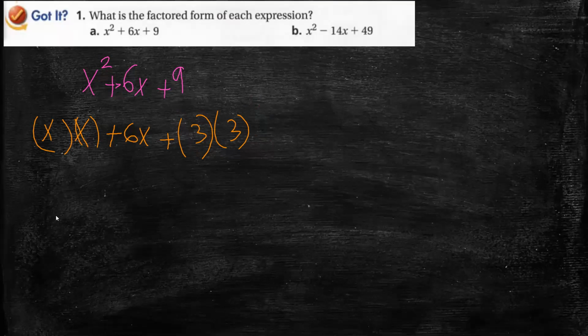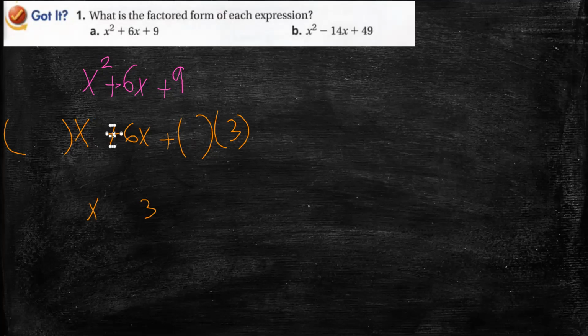Then after that, take 1 from the x's and 1 from the number 3. Then look at the sign here. What is the sign here? It's a plus. Take it also. Then after that, don't forget to open the bracket to the power 2.